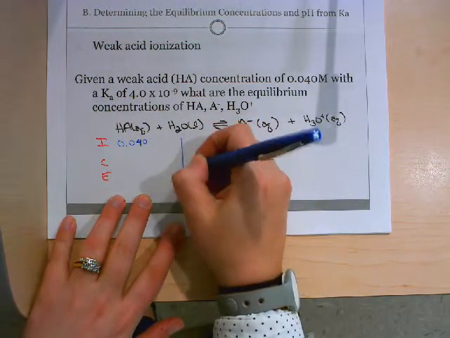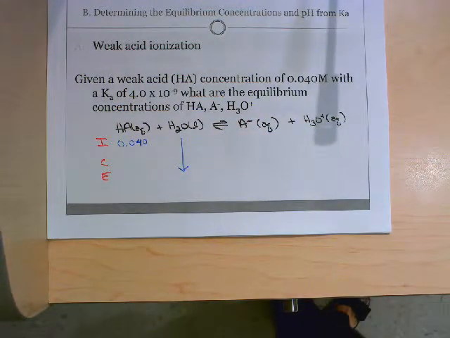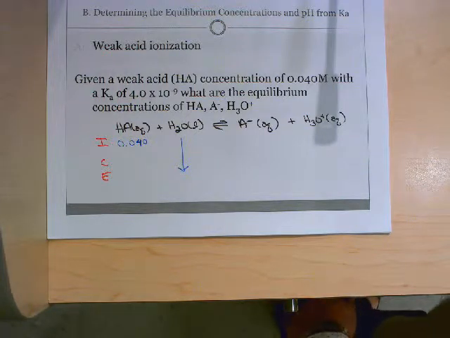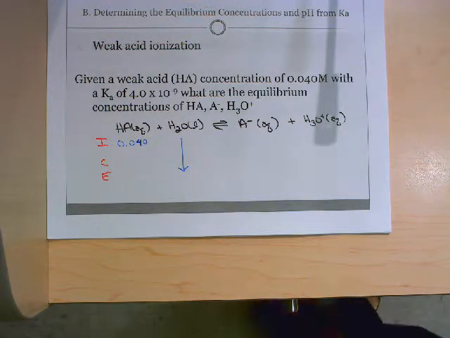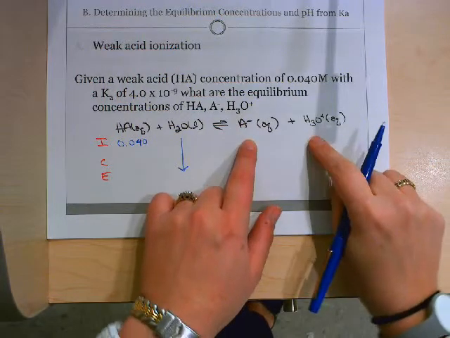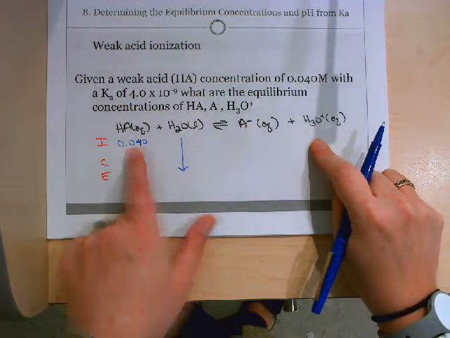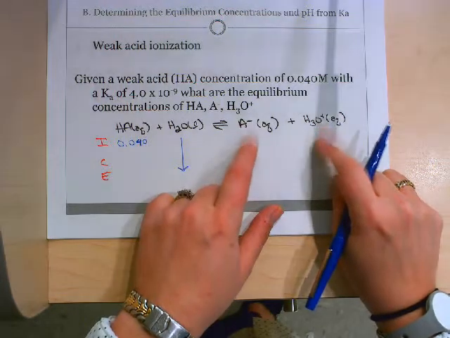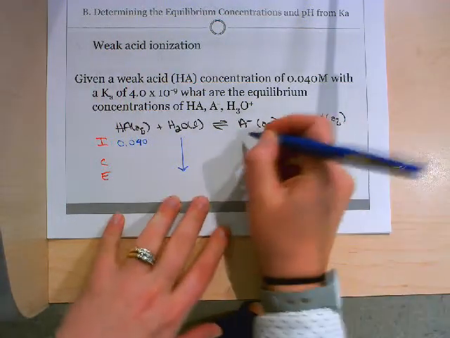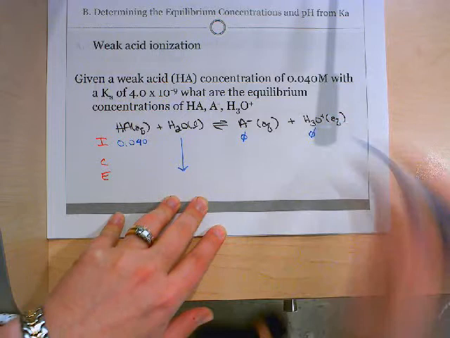I usually just draw an arrow straight down saying it's important, don't leave it out, but it's not going to change. You can do little dashes. I think Mastering likes little dashes in each one, whatever you want. The instant I start the reaction, is there any concentration of these two? No, we assume those to be pretty much zero.